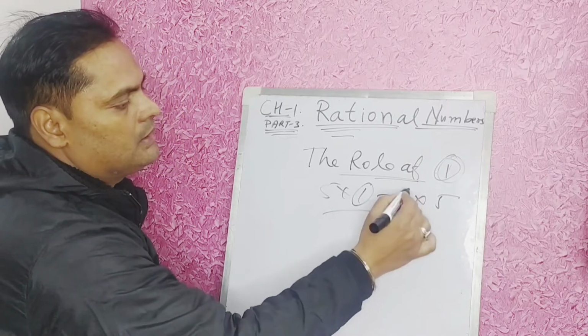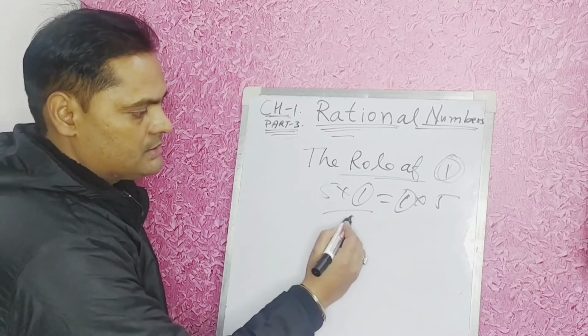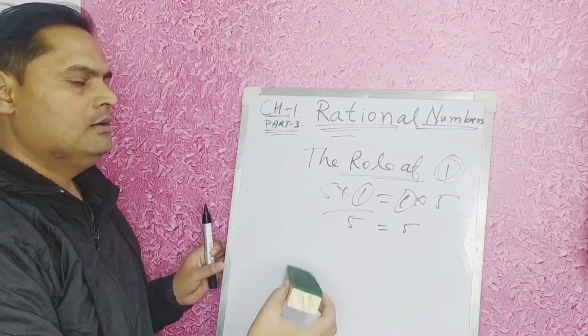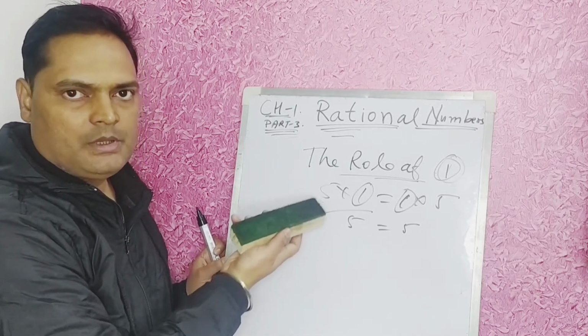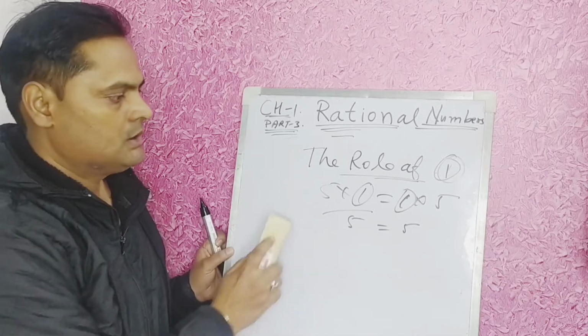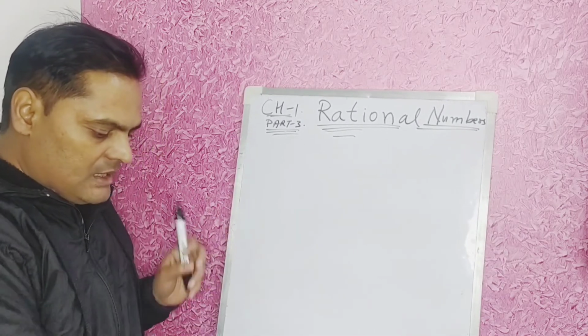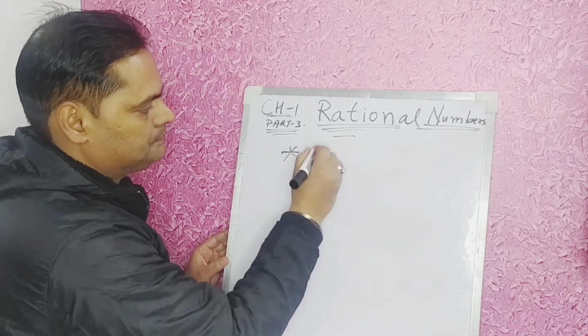So anything multiplied by the number 1, the answer is the same. These are the basic things which we may already know, but this is the topic which is given in the chapter, so I just make you understand. Okay, let's move to the next topic, that is reciprocal.